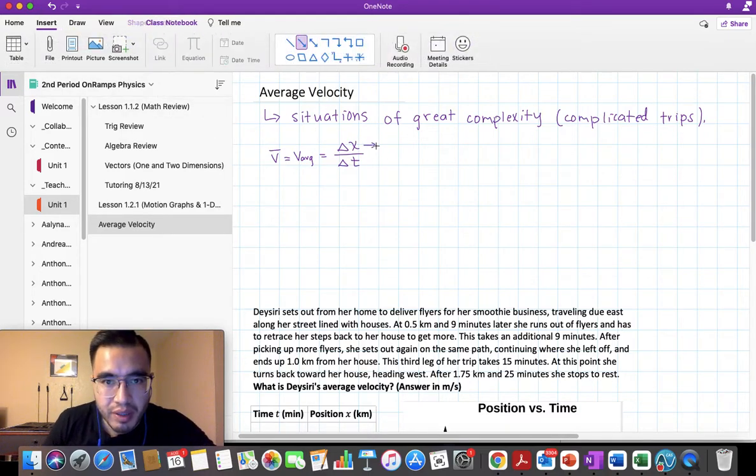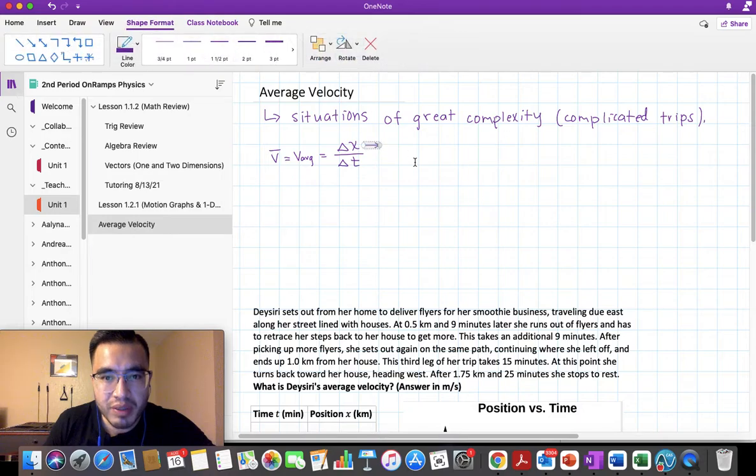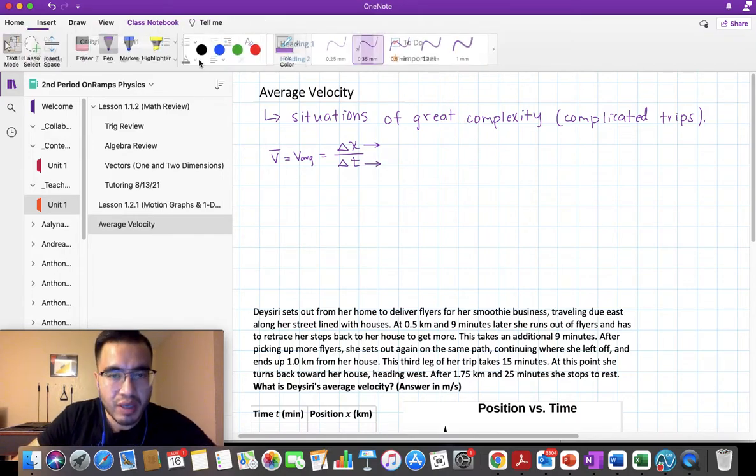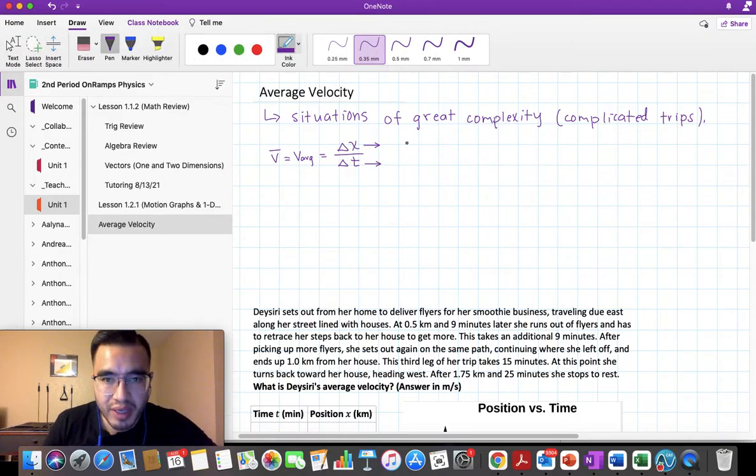So then let me talk about what delta x and delta t are, the meaning for average velocity. Well, delta x is, as we stated, a change in position, or we can also call it displacement.